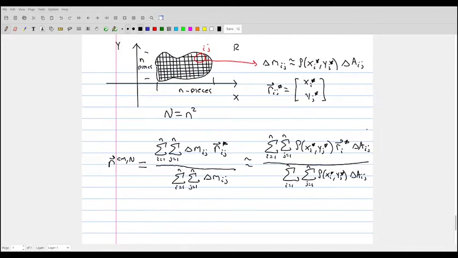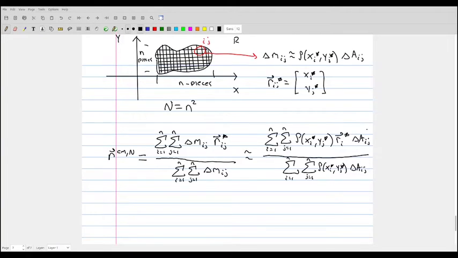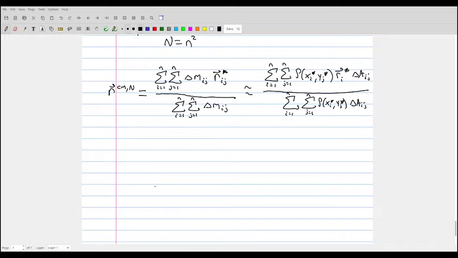So in the limit, as n goes to infinity, or as this partition gets smaller and smaller, we have two separate integrals here. The numerator in this fraction in the limit as n goes to infinity becomes exactly what's called My, or the double integral over the region R. Actually, before we do My, we'll talk about what it becomes in terms of a vector.